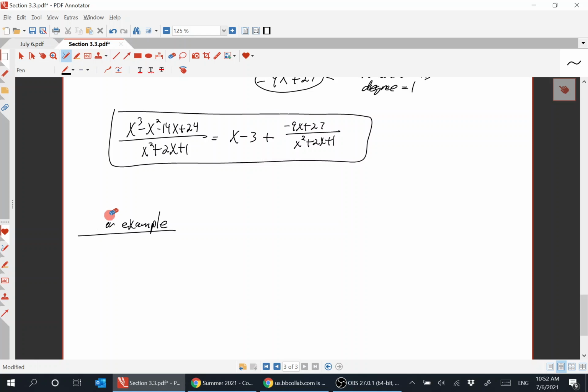So in this example, let's talk about the following. When a remainder of 0 is obtained, we get the following.